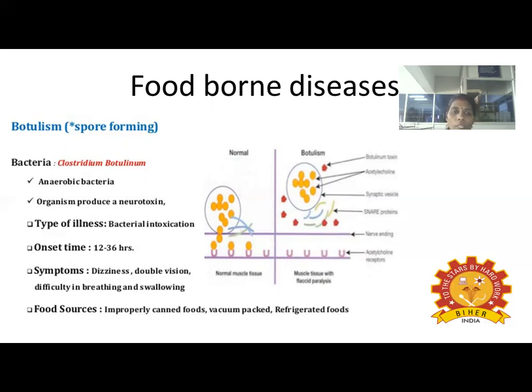If it is improper, definitely the symptoms will come to the human being: dizziness, double vision, difficulty in breathing and swallowing. So we need to avoid this, because the disease can also come from refrigerated foods.